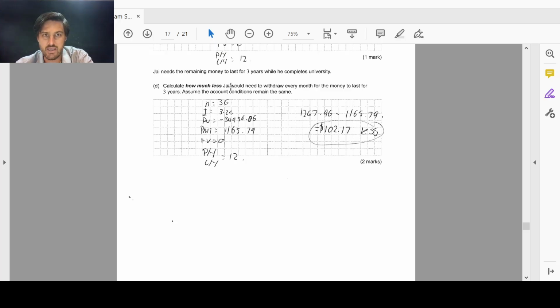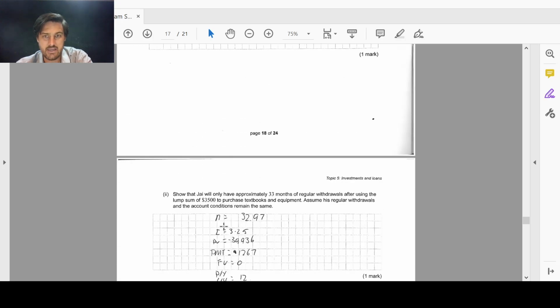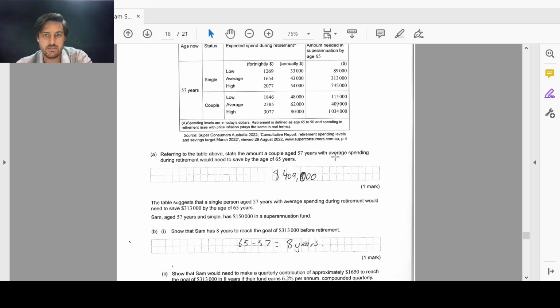That's a bit of a hint there. How much less? So this is 1 mark, figuring out his new payment. This is his 2nd mark, figuring out how much less it is. So it's our initial payment that he used to take out, which we had up here, take away that new one we've calculated, and it's how much less that particular is.